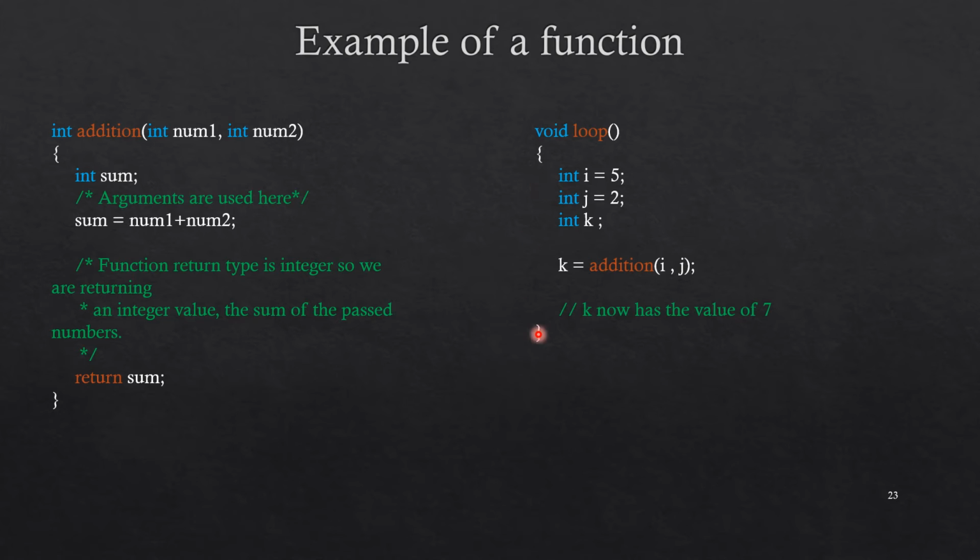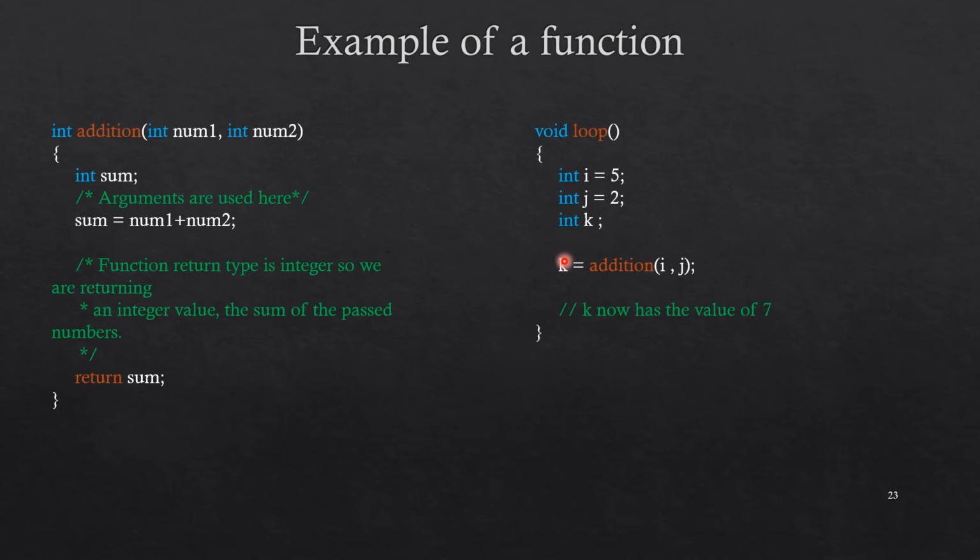This is how you use it. In the loop, we have used it. First, we have made two variables, i and j, with the values of 5 and 2, and we have made a variable called k with no value. After that, we have called the function addition that we have just made. We have passed those two variables as a list of arguments, and we have assigned all of that to k.